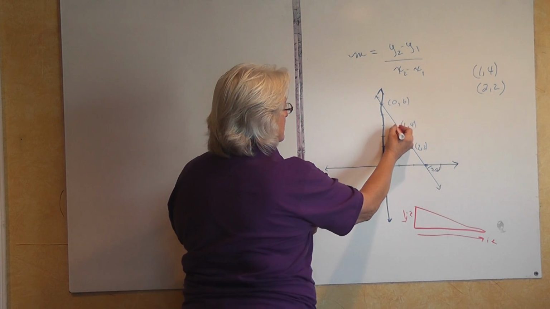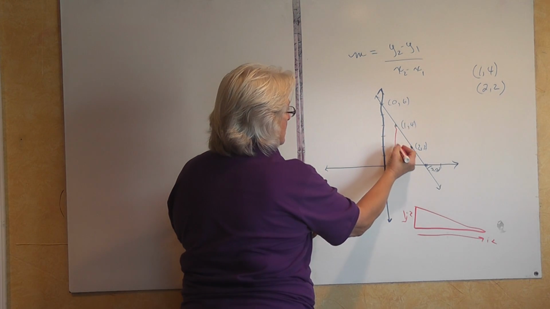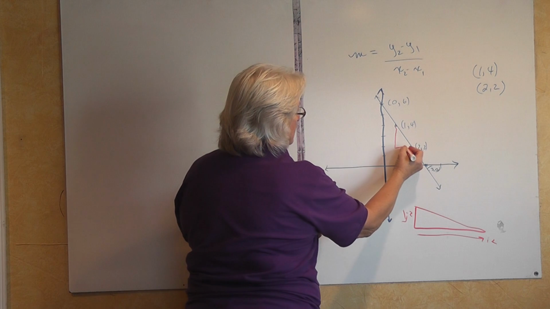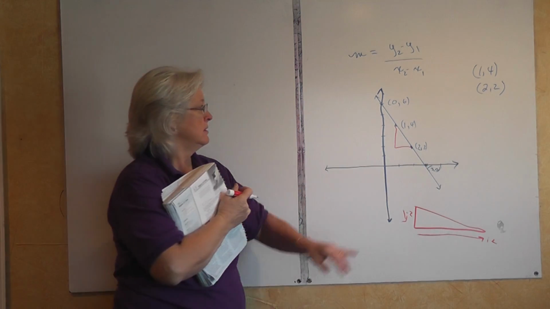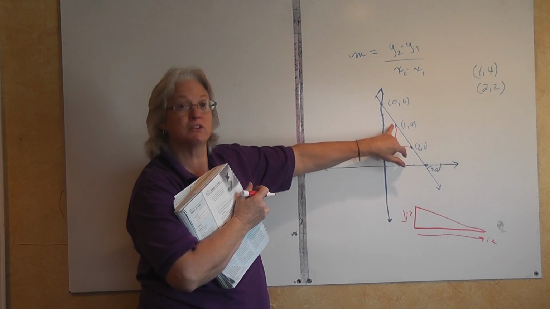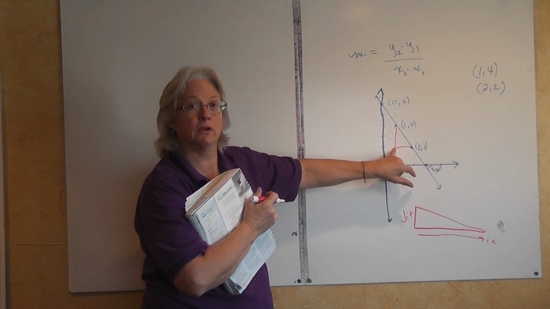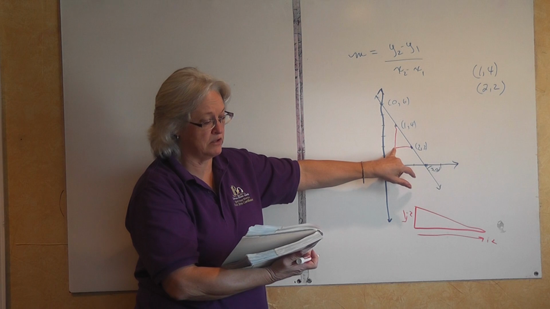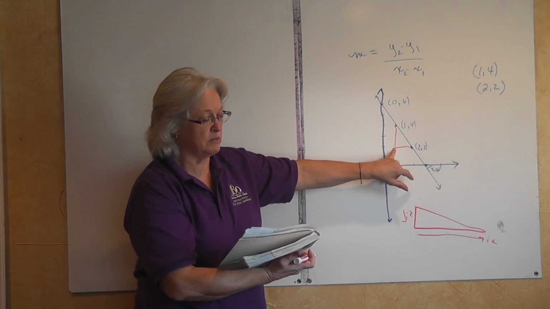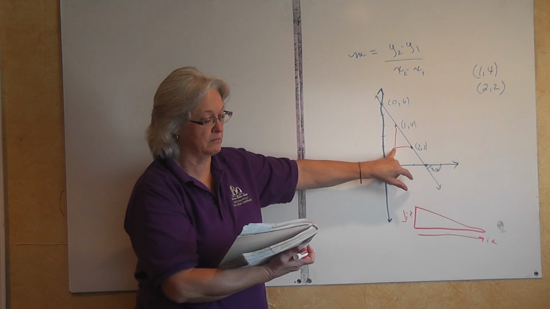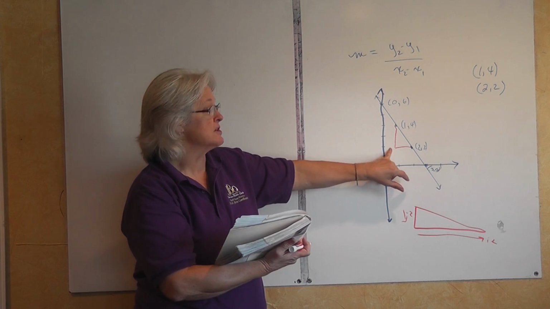Start at 1, 1, and by the time that you get to 2, 2, how many units have you changed? You've gone down 1 unit, 2 units, right? So our vertical change right there is going to be a negative 2. What's our horizontal change?